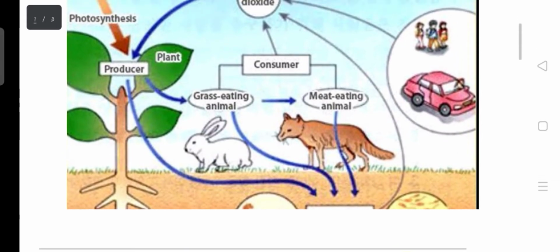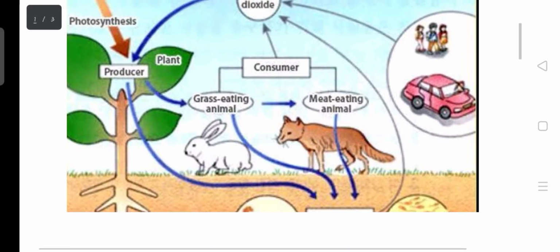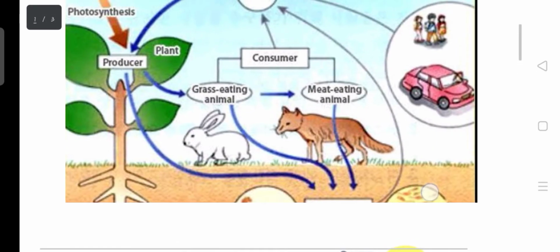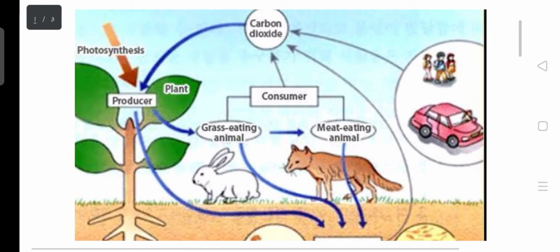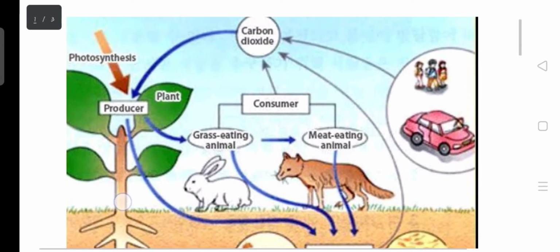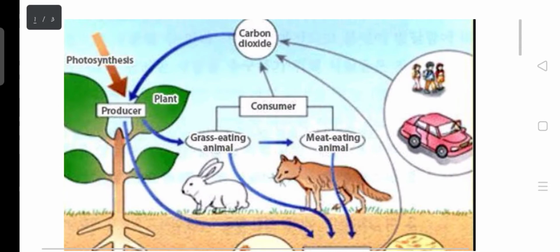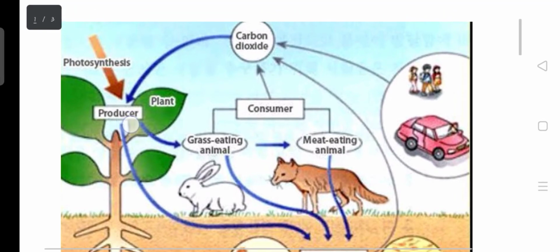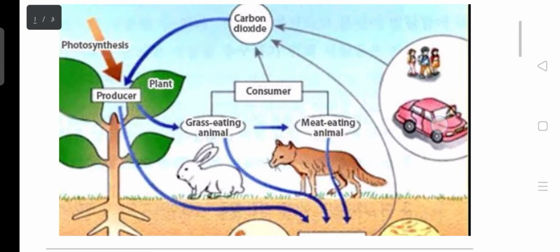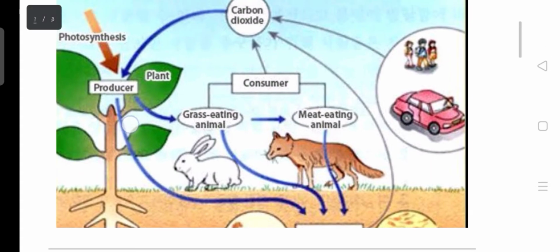When these animals die, these other organisms in the soil convert them to nutrients, which can be used for the growth of plants. Now you can also see that man releases carbon dioxide, which the plants take in. The cars also release carbon dioxide, which the plant takes in.